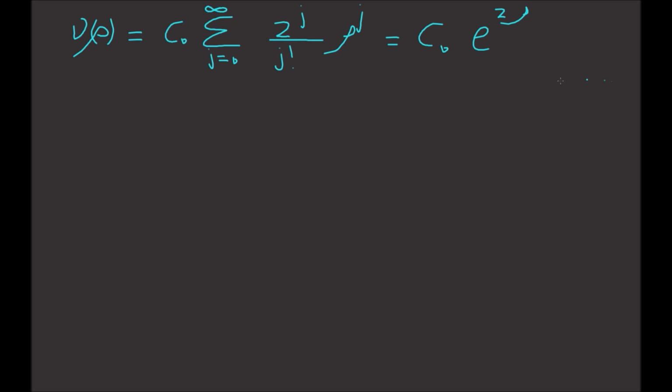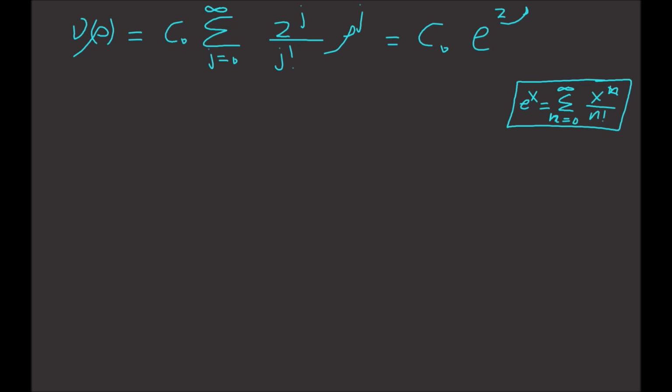If you remember from calculus 2, e to the x we can write as a power series, the sum from 0 to infinity of x to the n divided by n factorial. So we use this formula here.